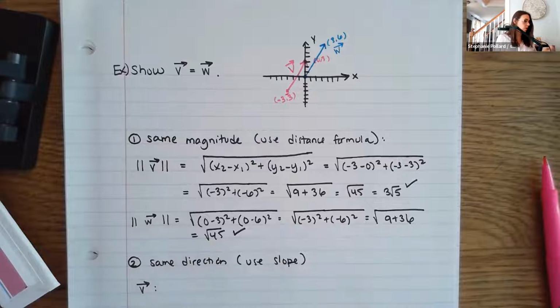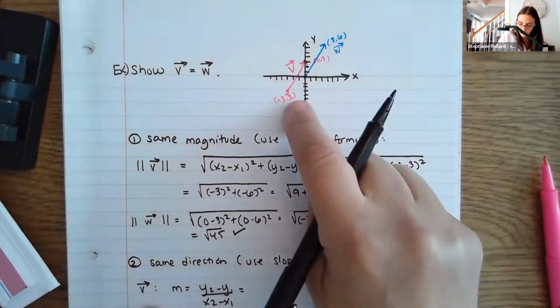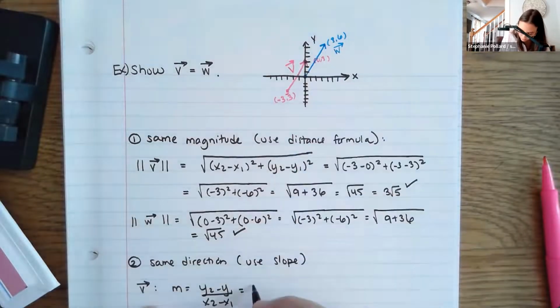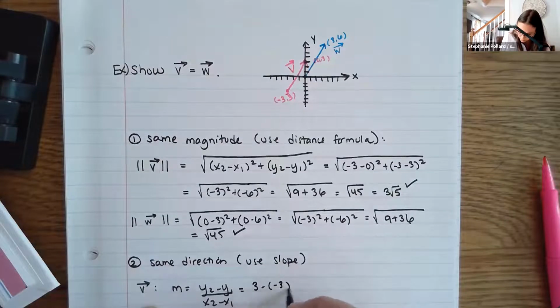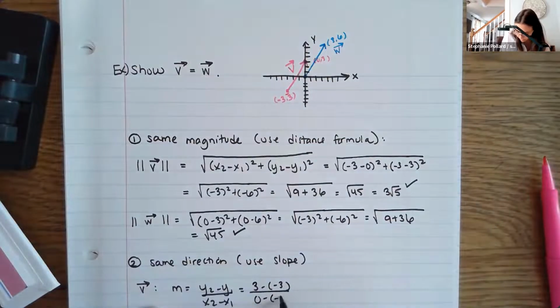I'm just going to label it to help me keep things straight. So for v, my m, we're going to use y2 minus y1 over x2 minus x1. So going up here, my y values are 3 and -3, and then my x's are 0 and -3. This becomes 6 over 3, which is 2.